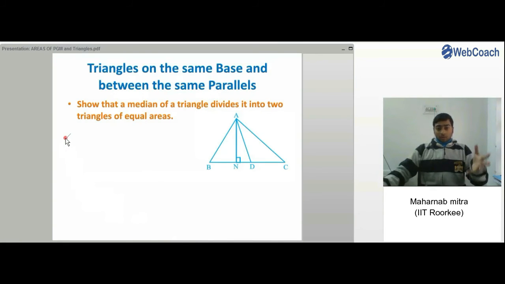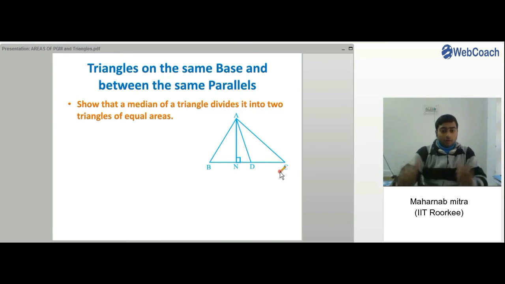So let us use the concepts in a question. Show that a median of a triangle divides it into two triangles of equal areas. Here it is given triangle ABC and AD is the median, or D is the midpoint of the side BC, or you can say BD is equal to DC, right?